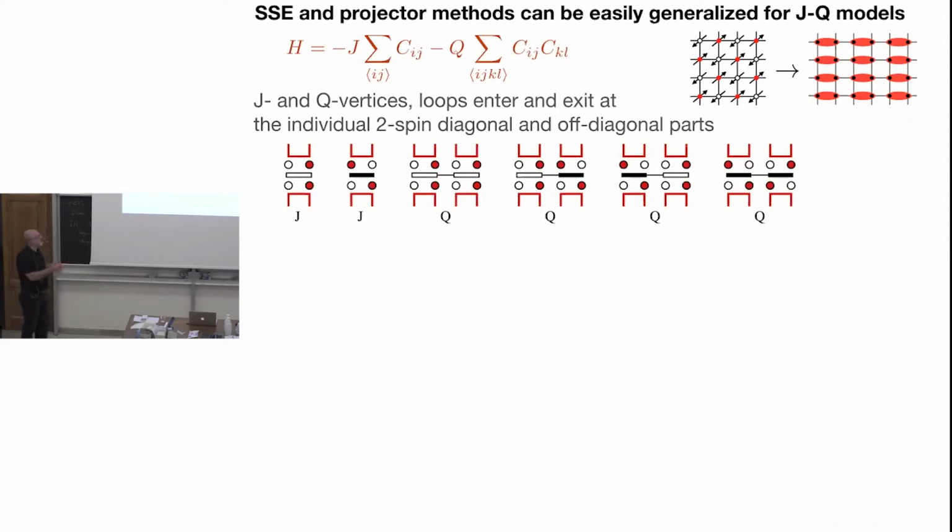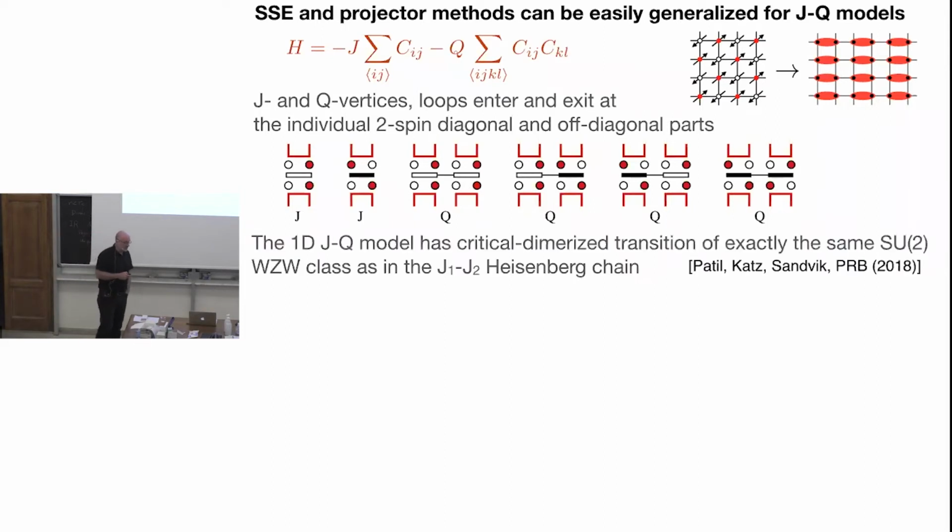So we have these 4-particle vertices that now become part of this network of vertices that I talked about yesterday, but it's actually not much more complicated. So we have quite efficient simulation tools there.